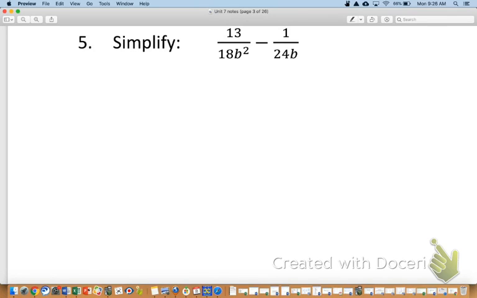I'll do it the same way I did before. I'm going to break this down into its prime factors and this down into its prime factors. Isn't 18 really 3 times 3 times 2? Yes. And b squared is b times b. 24 is 3 times 2 times 2 times 2, and b is already a prime factor.